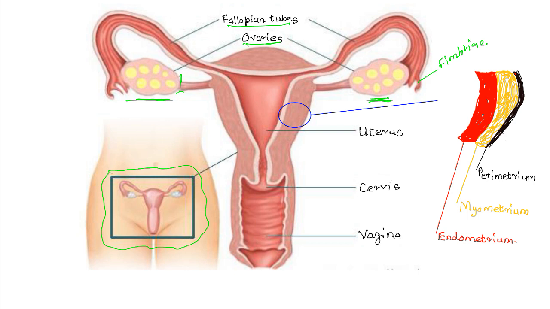The fimbriae increase the surface area for capturing ova when released from the ovary, so that when the ovary releases an ovum, these expand and increase the surface area for capturing these gametes.